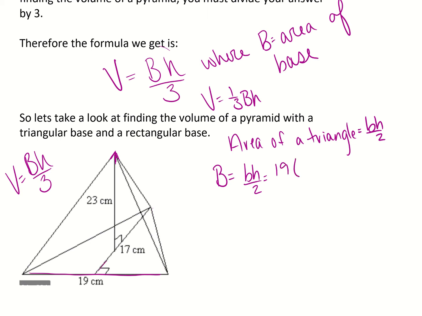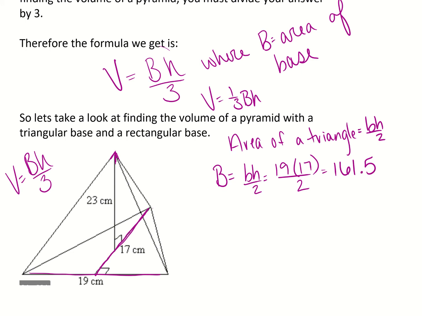And the height of the triangle, the height of the base, is 17. And we're going to divide that by 2. Okay, give me 1 second while I get my handy dandy calculator out. And we get 161.5. And that is going to equal our B.